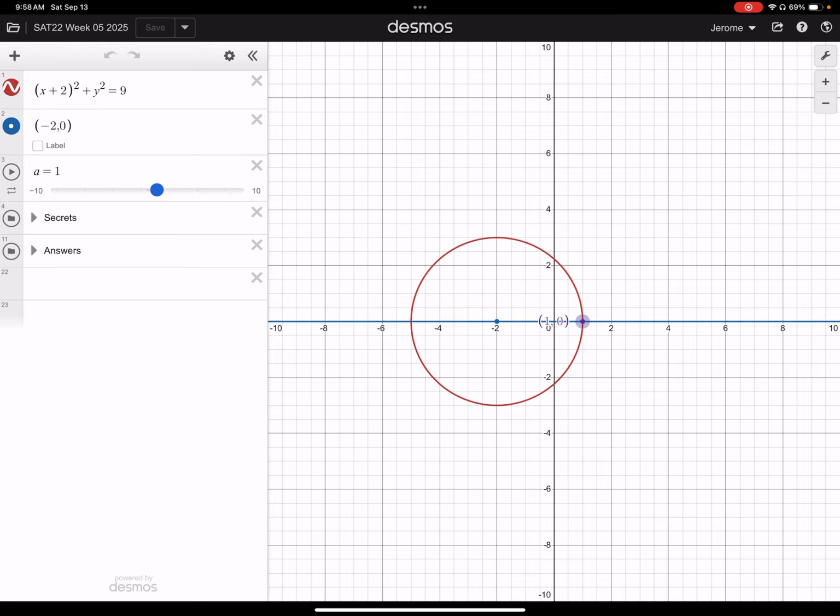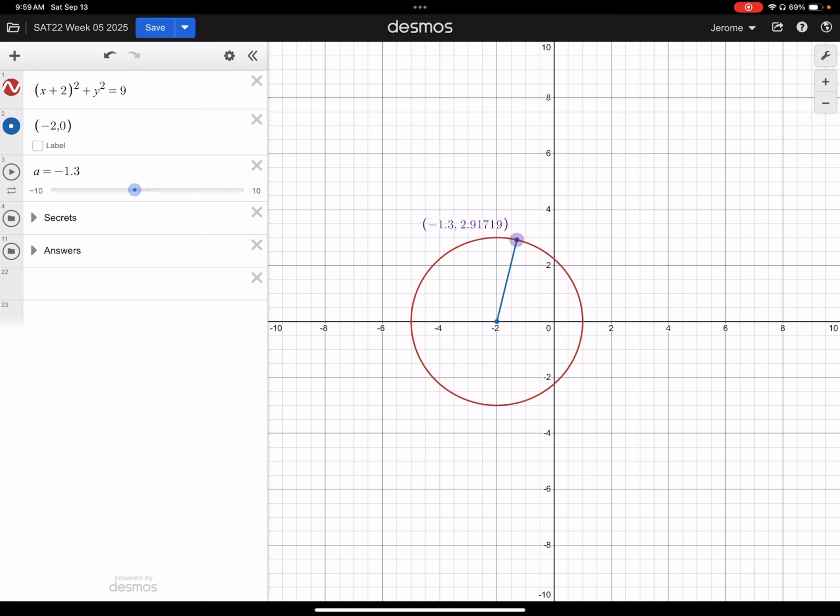I can only do the top half of it, and that's based on the fact that the graph of the circle is not a function, so I set up in my little secrets folder the equation of the top half of the function. I challenge you to see if you can figure out how to do what I just did right there. Can you pull it off? Anyway, once you have the original equation graphed here, I chose to put the center point on there so that I could very easily count up from my center to my new center here.